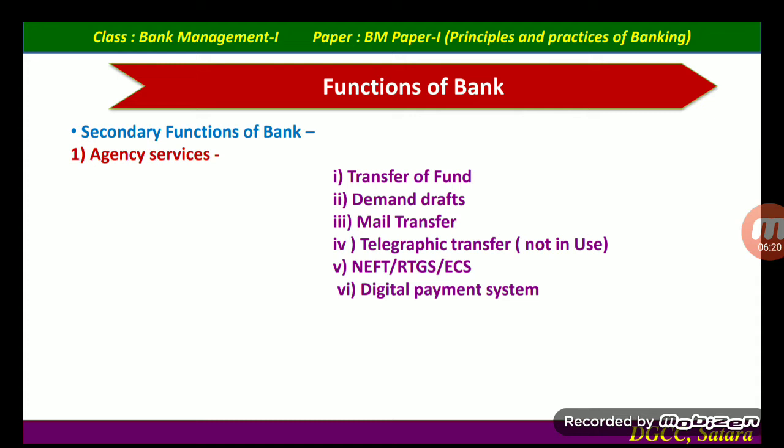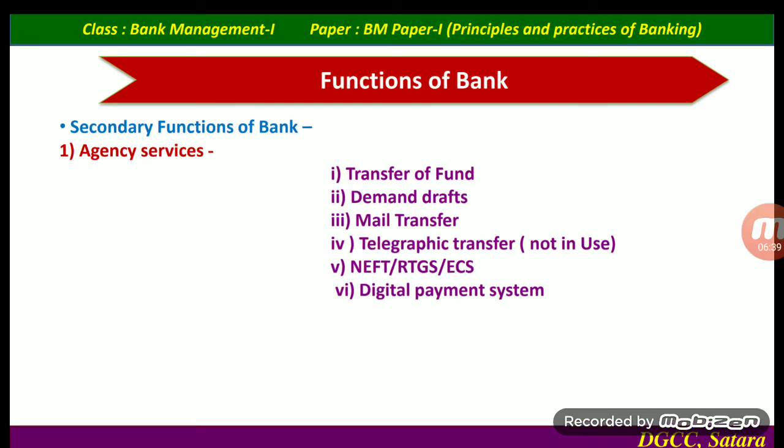Mail transfer was a medium of transfer of fund, but the use of mail transfer is now very much reduced due to internet banking and other modes of payment. Next is telegraphic transfer.